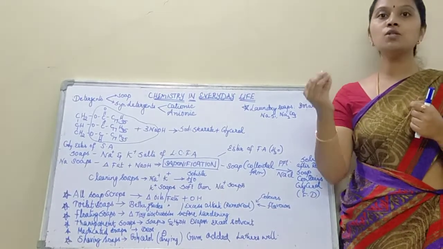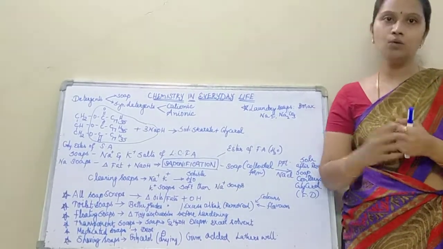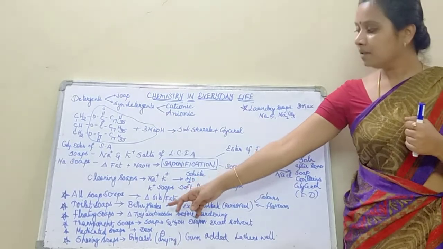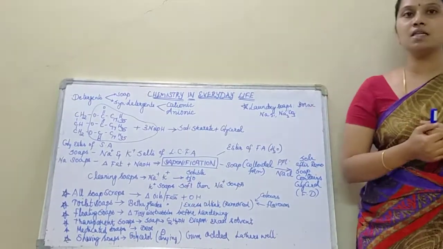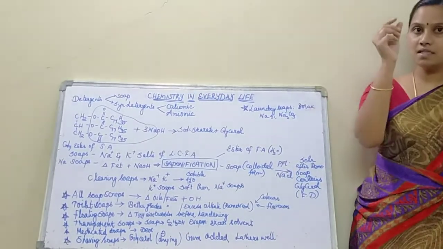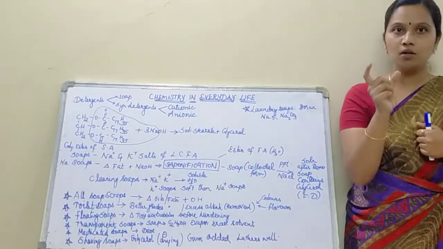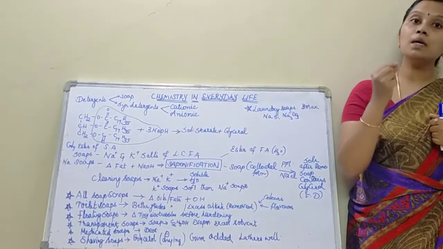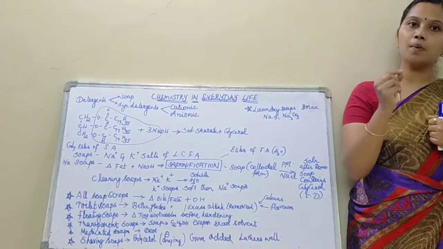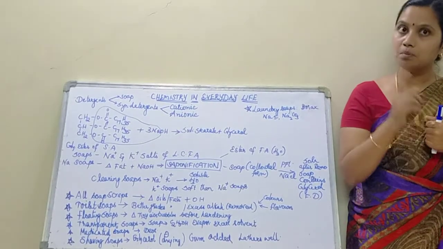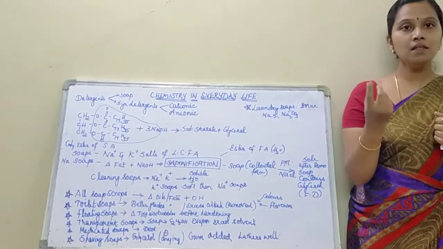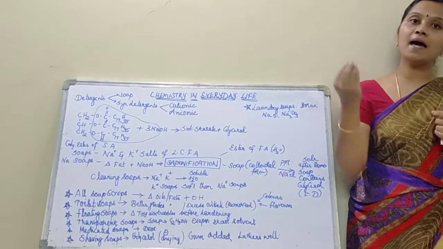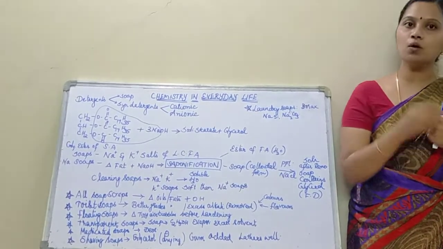In our previous session we saw antiseptics. One compound which imparts antiseptic property to soaps is bithionol, which is added during the manufacturing of soap.